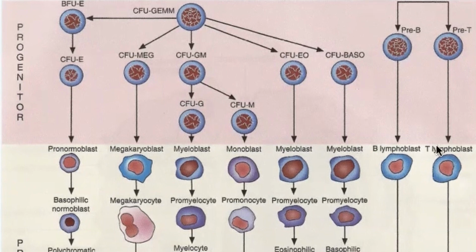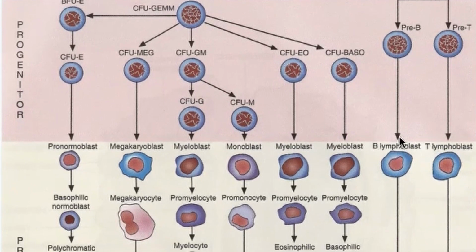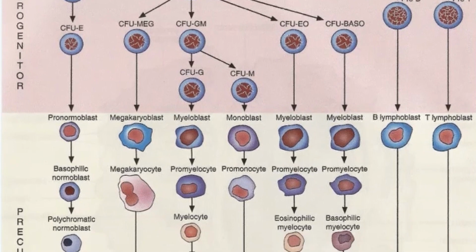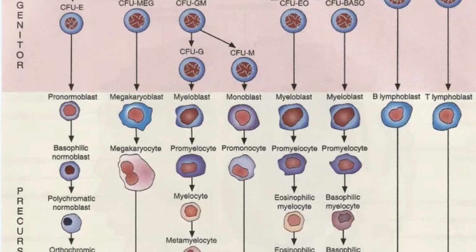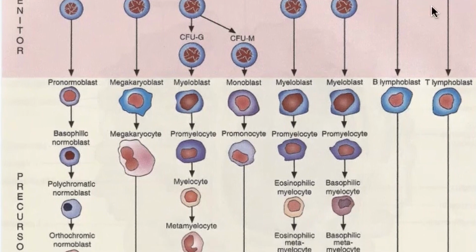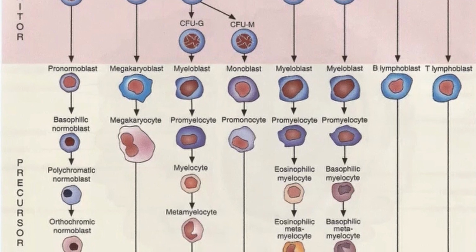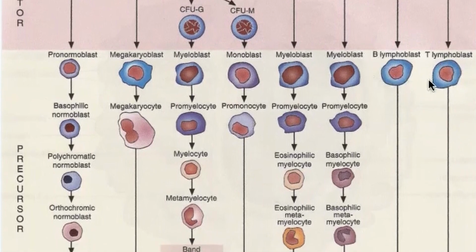And remember, we said that during any stage of development, the blast is the immature version. So it comes from a lymphoid stem cell. The stem cell will have to differentiate into a progenitor, which gives rise to the precursor, which would be the blast version of it.